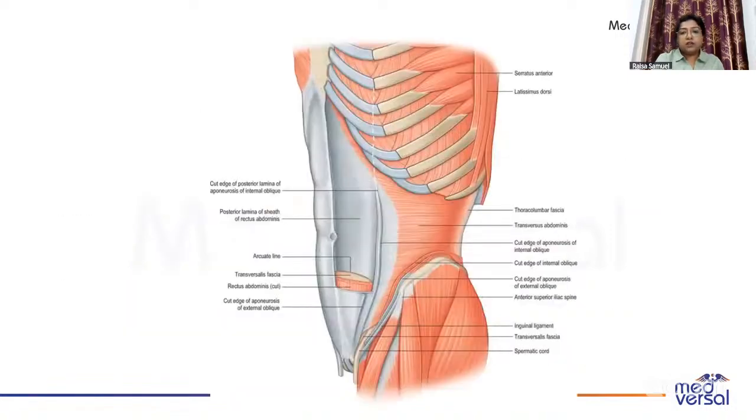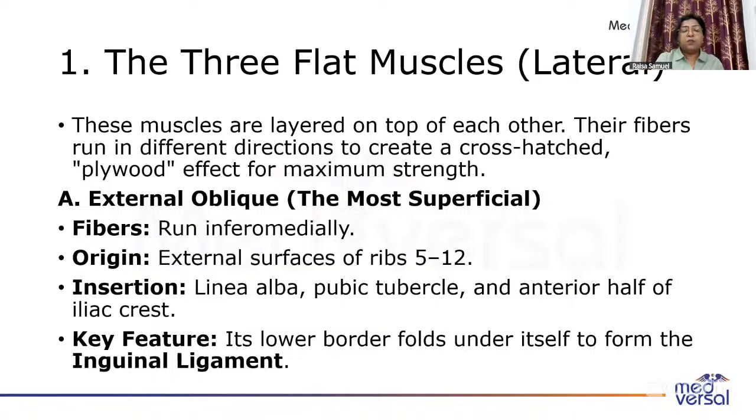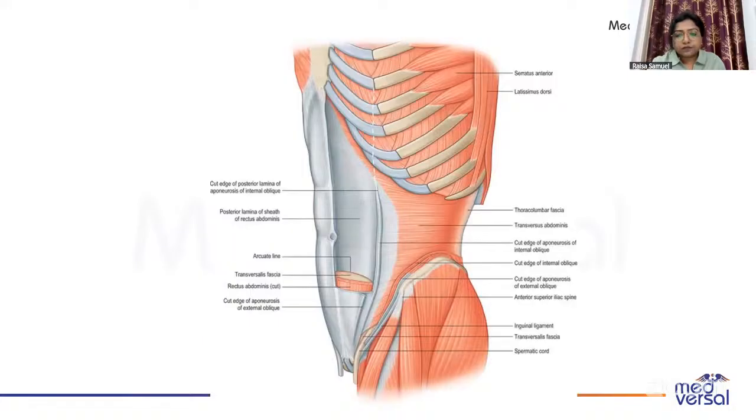So the external oblique usually runs inferomedially. Where does it originate from? From the ribs 5 to 12, and they are inserted into the linea alba, pubic tubercle, and anterior half of the iliac crest. So here in this diagram, you can see the cut edge of the internal oblique.